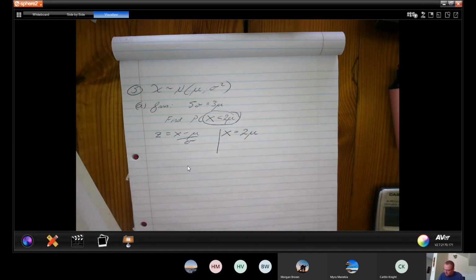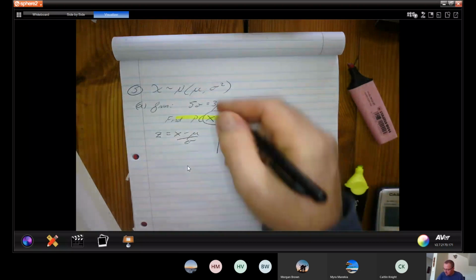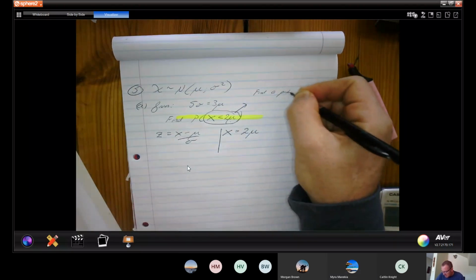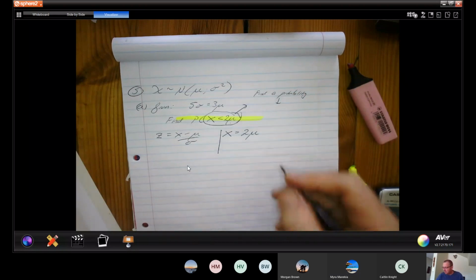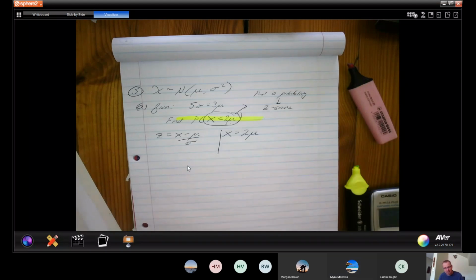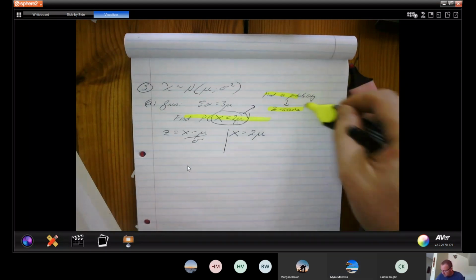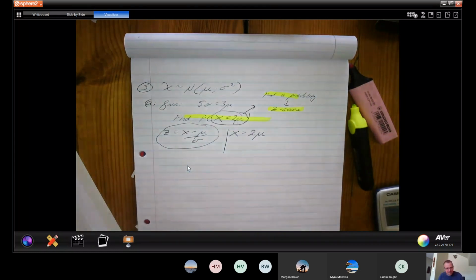ultimately, what am I going to have to find? The question is, find a what? Find a probability, right? In order to find a probability from my table, what do I need? I need a z-score, right? So how am I going to get a z-score? Well, I'm going to have to use that formula, I think.